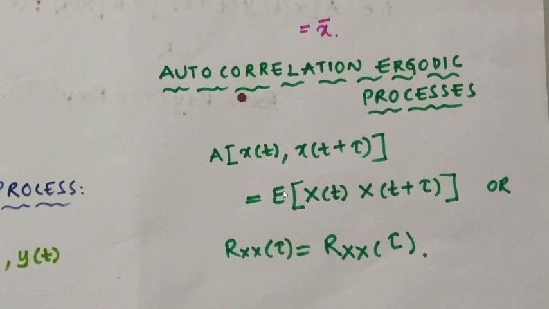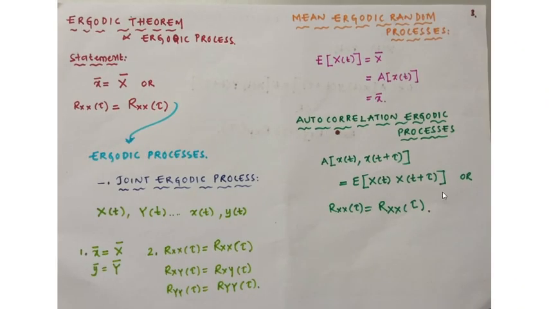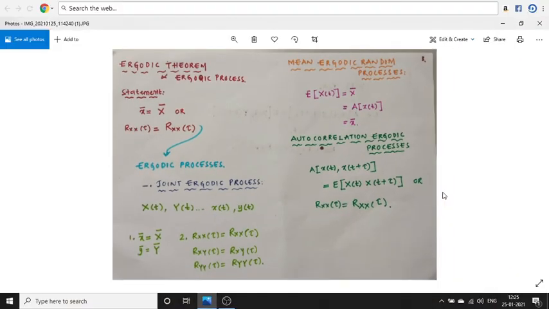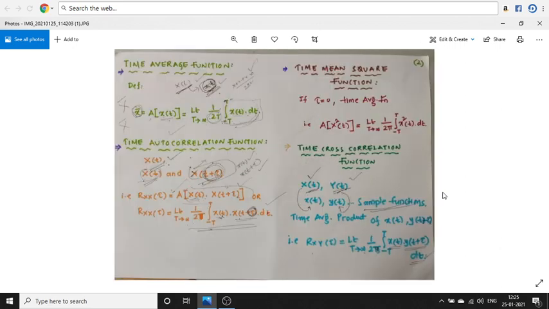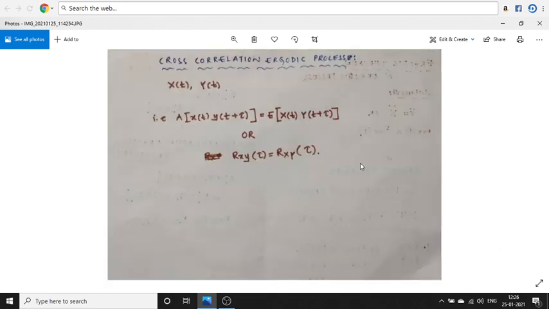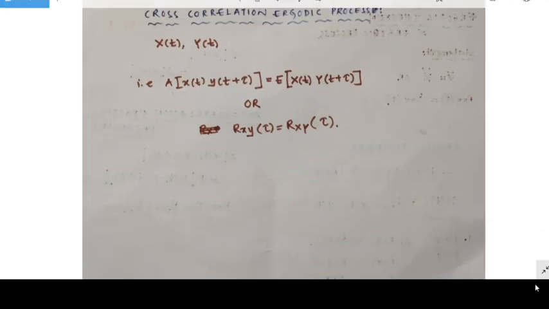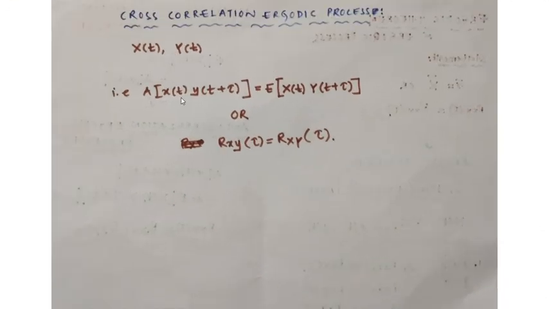That is the mean of x(t) into y(t plus tau), and that will be named as the cross correlation. So the next slide is the cross correlation ergodic process.